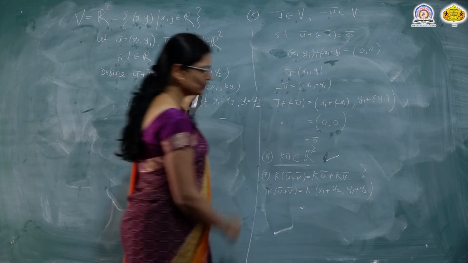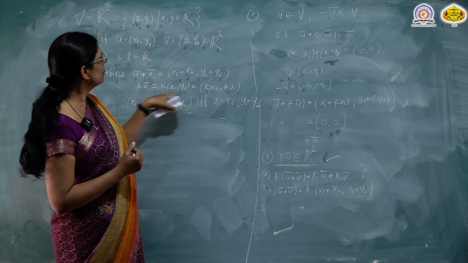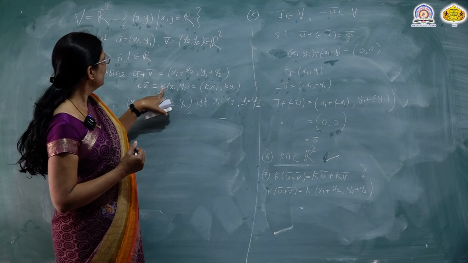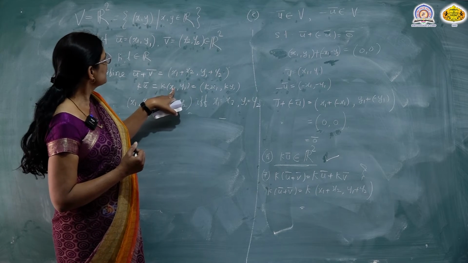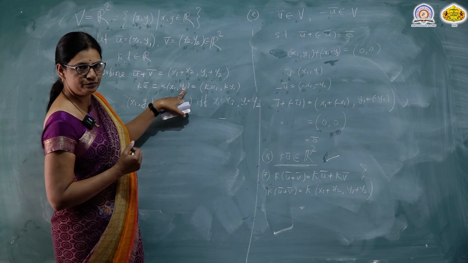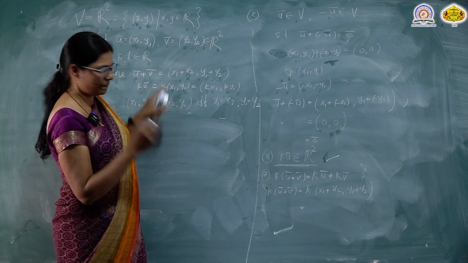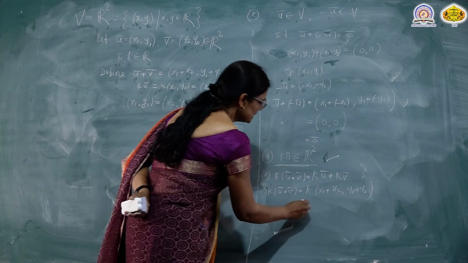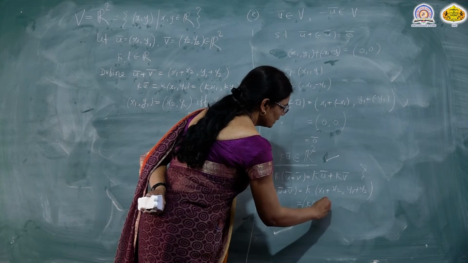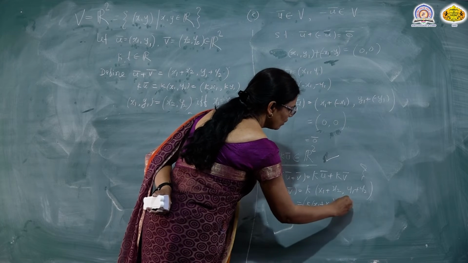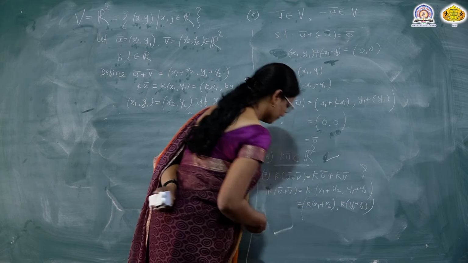Now use the second definition, component-wise scalar multiplication. k times (x1, y1) can be written as (k x1, k y1). So we multiply these two numbers by k. According to this definition, this can be written as (k times (x1 plus x2), k times (y1 plus y2)).